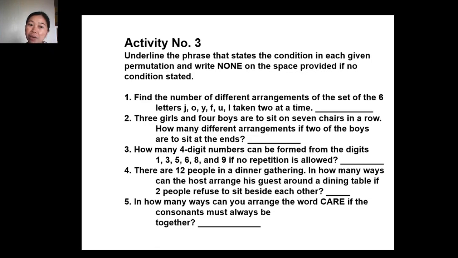Then, dun sa blank after the given situation, wala na kayong isusulat, kasi meron na kayong na-identify na condition. May in-underline kayo na condition. Pero kung wala kayong nakitang condition, dun sa given permutation situation, so wala kayong i-underline, meron kayong isusulat dun sa blank after the given situation. Ang isusulat nyo ay none.